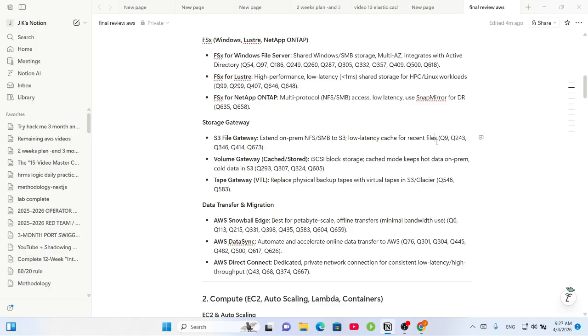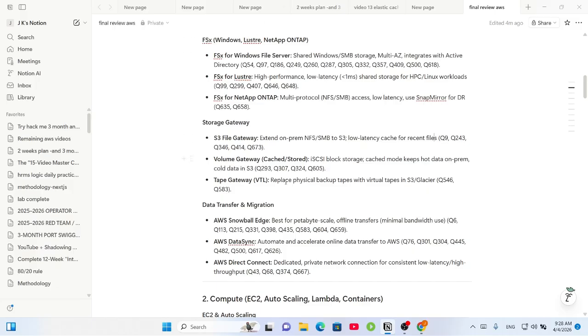But Volume Gateway cached mode keeps hot data, the recently accessed data, on premises, and cold data goes to S3. And Tape Gateway replaces physical backup tapes with virtual tapes in S3. If you use virtual tapes, it means Tape Gateway.